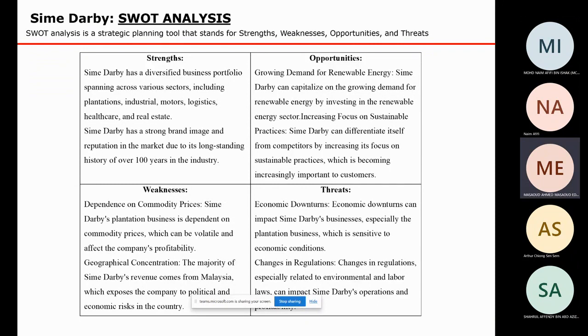Most of their revenue comes from Malaysia, which exposes the company to political risk in the country. Their threats: economic downturns can impact the business, especially the plantation business, which is sensitive to economic conditions, and changes in regulation, especially related to the environment.